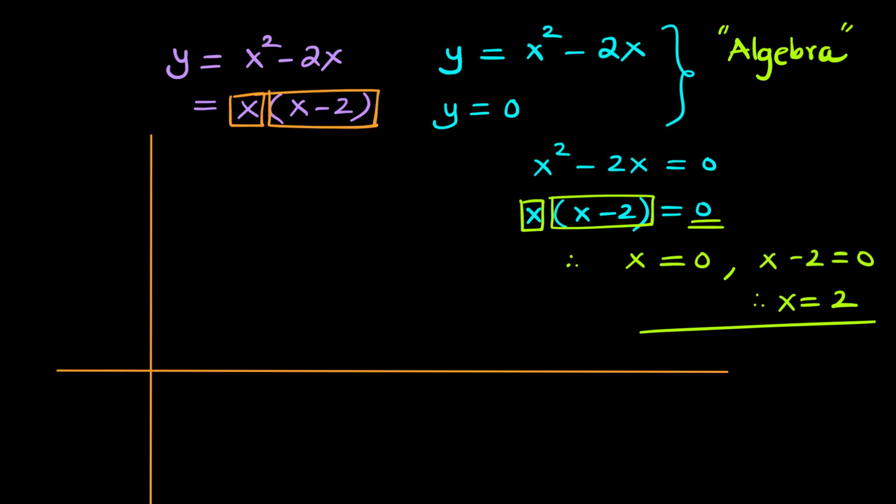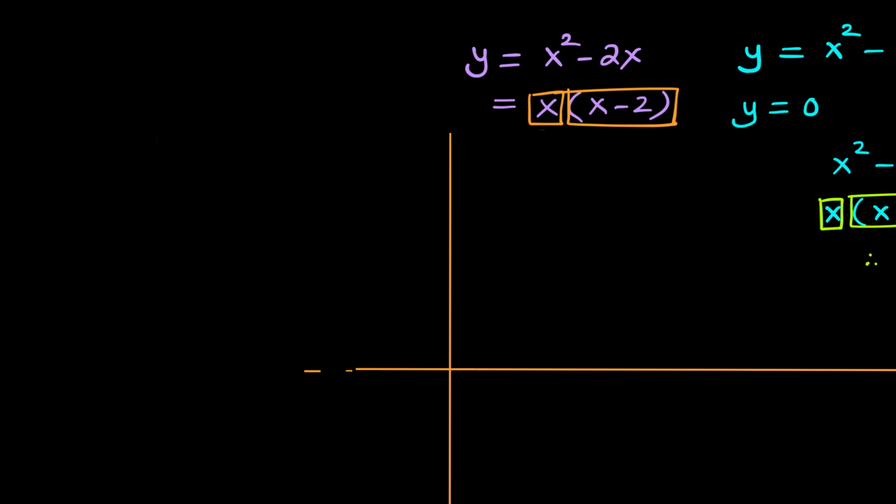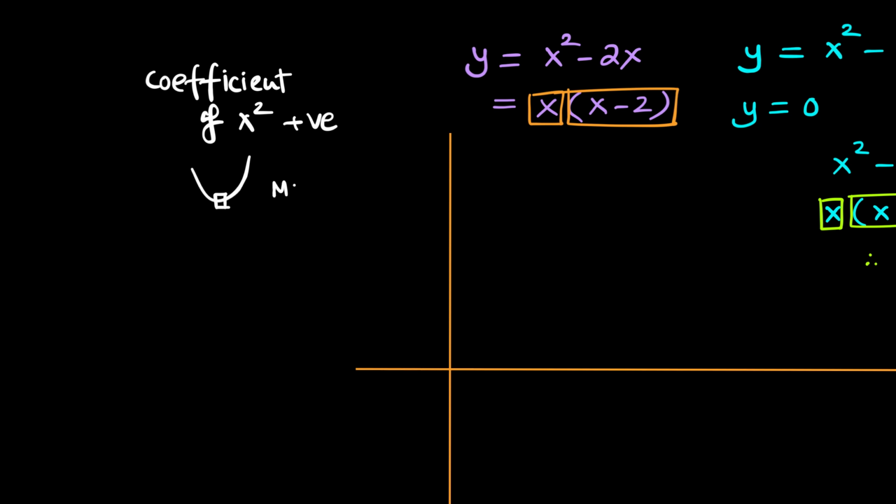The coefficient of x squared is positive. So let me write it at this corner: coefficient of x squared is positive. That means that's the shape of the graph, a graph in which there is a turning point, which is a minimum point, also known as a minima.